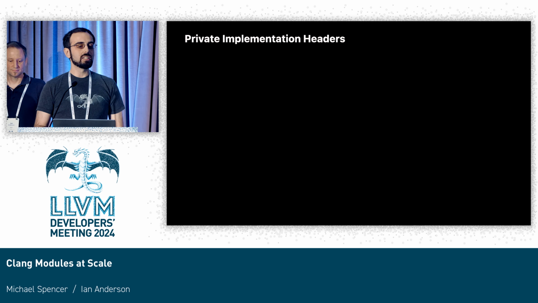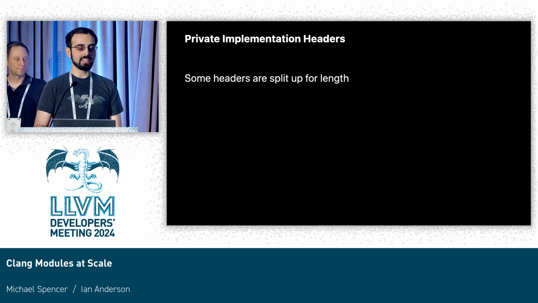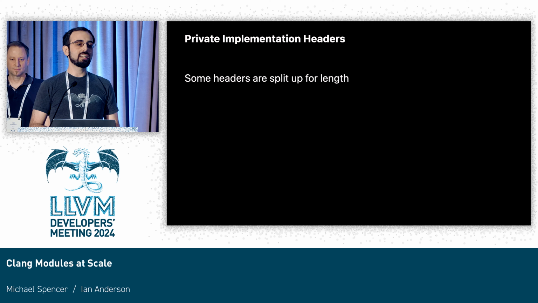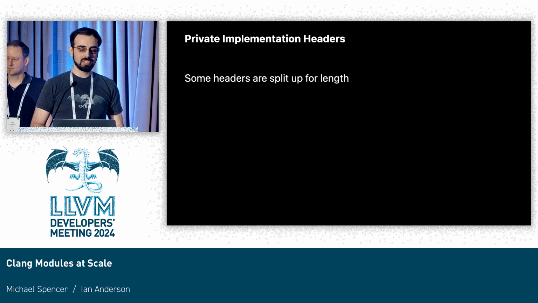The next common one is what we call private implementation headers. Sometimes you'll have a header that gets split up because it's a really long header and for some reason it wasn't split up properly. Instead it's just chopped up at different locations, and it expects to be included in the correct order and for all of it to get included.